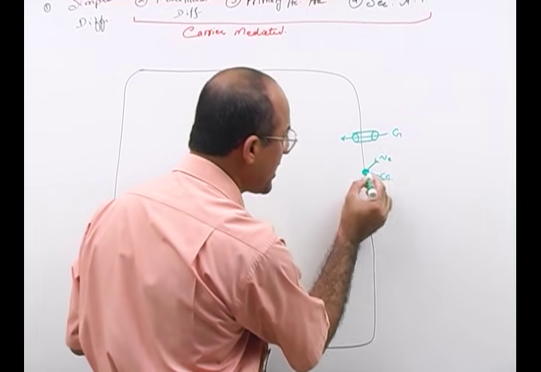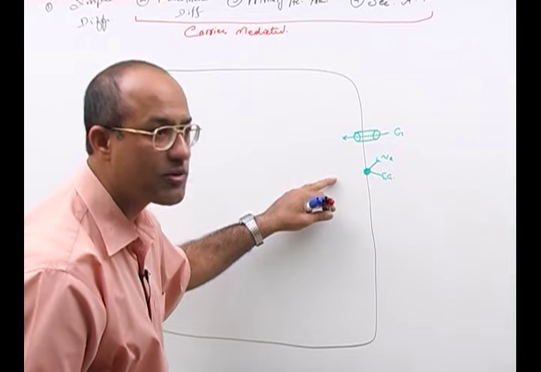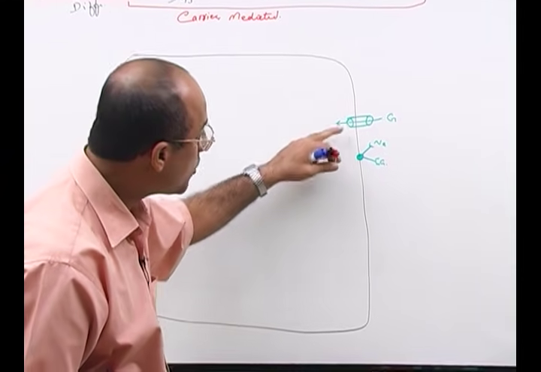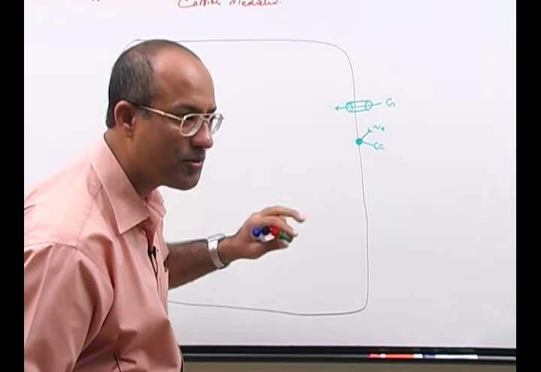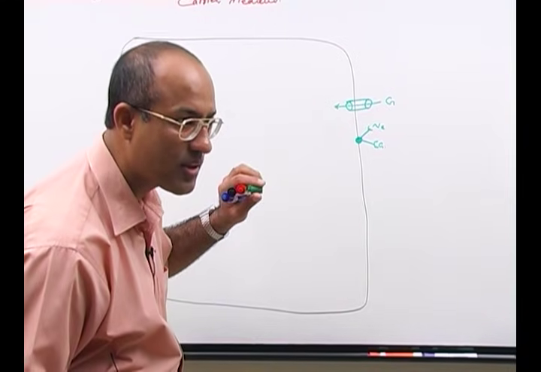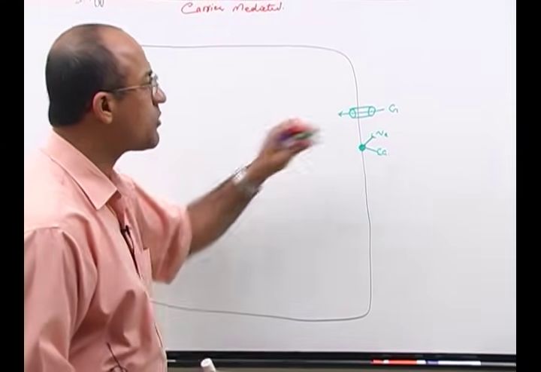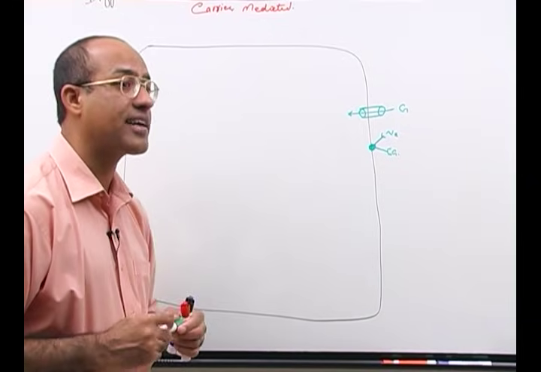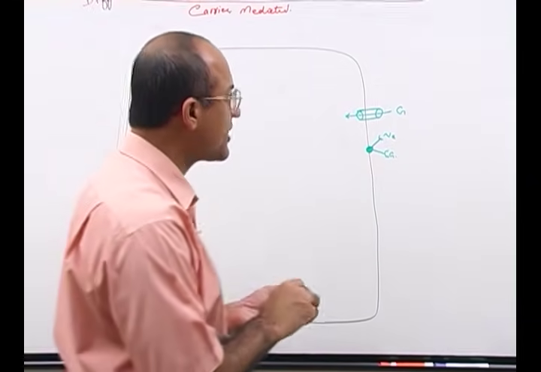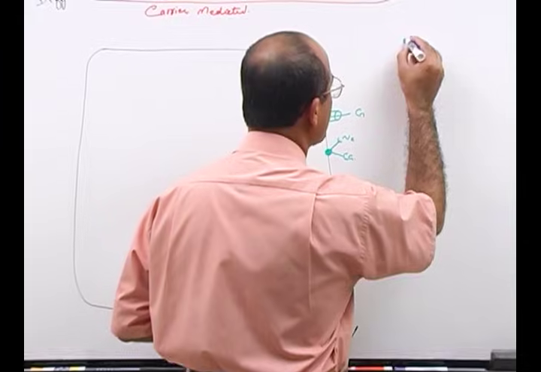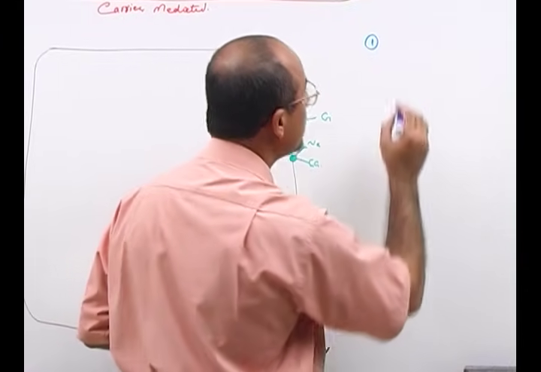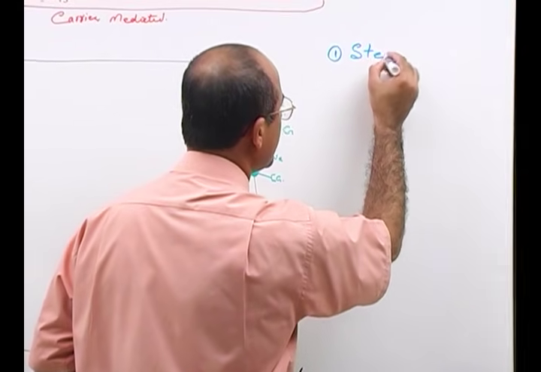Do you remember? That was secondary active glucose transportation. Now both of them are carrier mediated. Proteins are involved. Is that right? Such transport mechanisms have some characteristics. One characteristic is that they show stereospecificity.